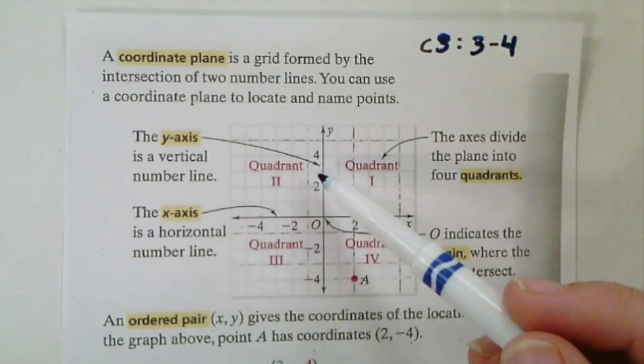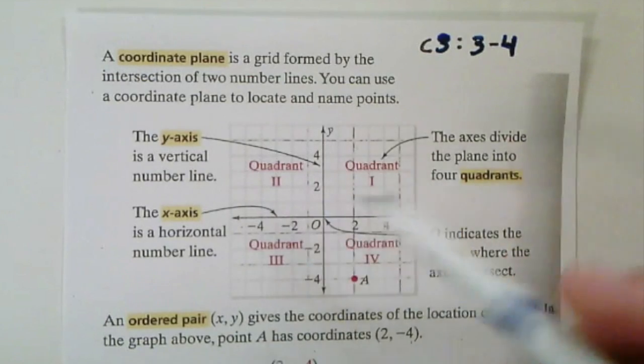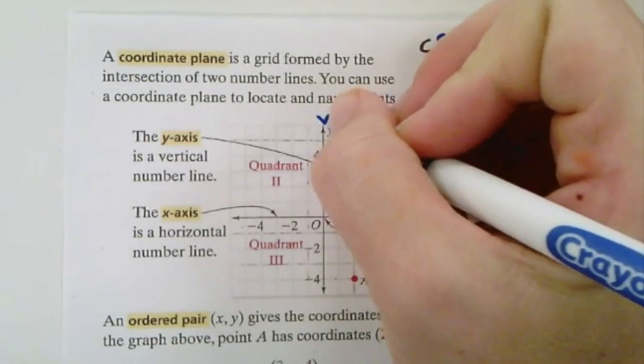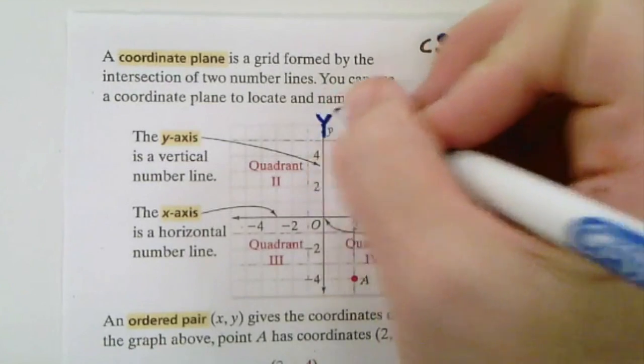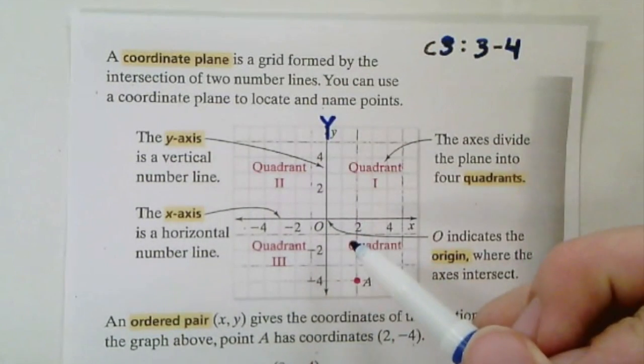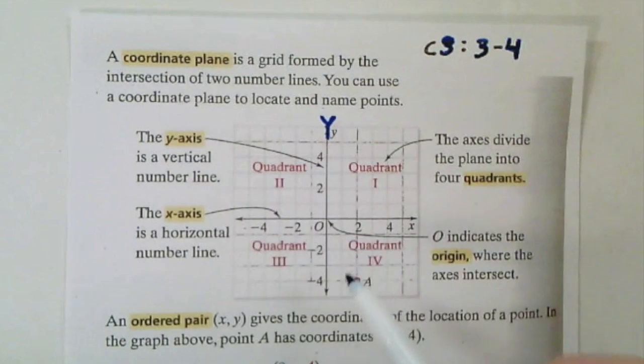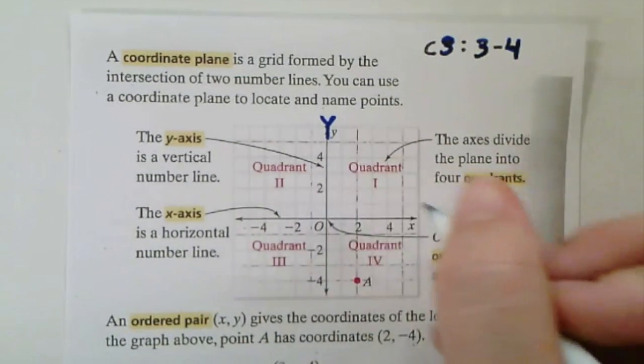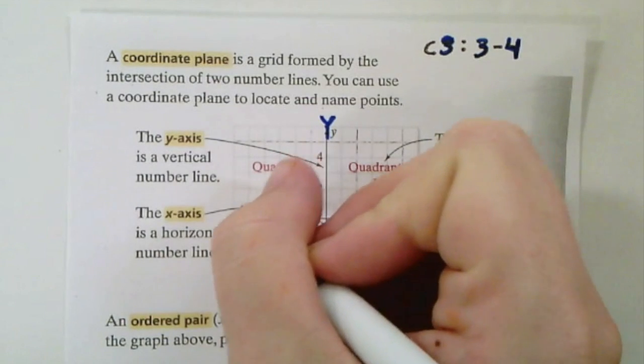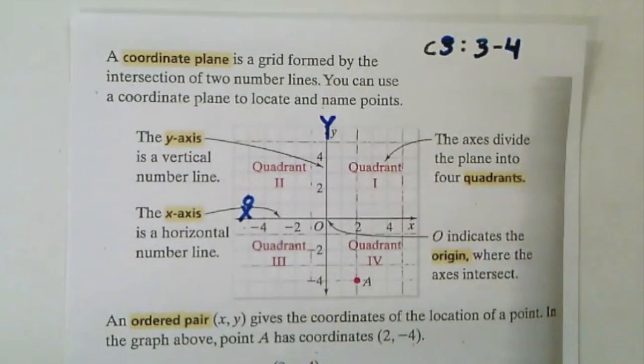The y-axis is the vertical number line. Sometimes I remember that by drawing a y up here, like this line just turns into the y. And the x-axis is a horizontal number line. I've done that before as like a little guy running on the x-axis.